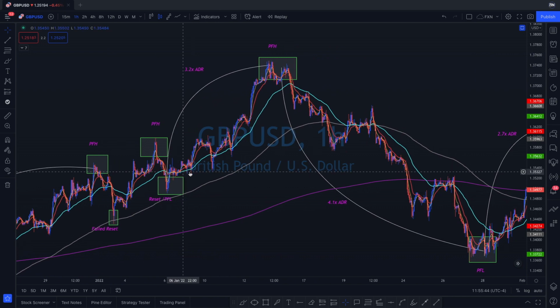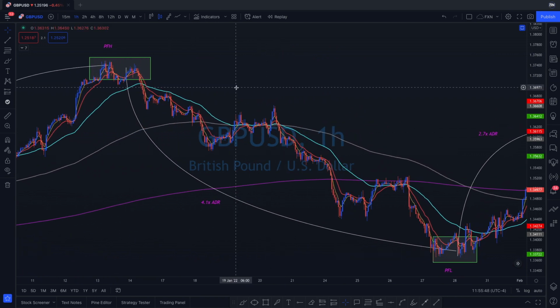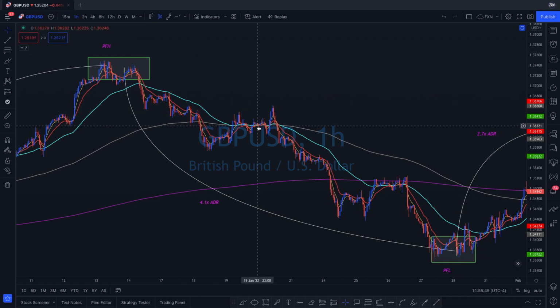We just came off of a reset peak formation high. So what we're looking for now is we're strictly looking for sells, or I would be strictly only caring about selling. I wouldn't care too much about buying, because when you're buying against your directional bias, if you're going to do that, you need to make sure that you understand that it's a short term buy. So it's a short term trade.